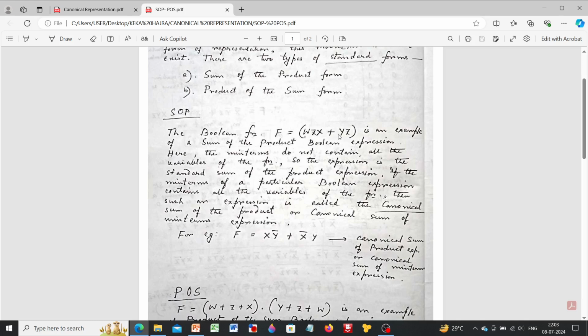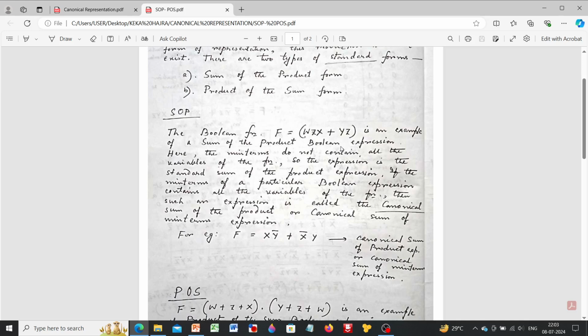Function contains how many terms? 2 terms. First term is wzx. First term does not contain all 4 variables. It is missing variable y. Similarly, second term is yz, that contains 2 variables, y and z. That means it is missing the 2 variables w and x.